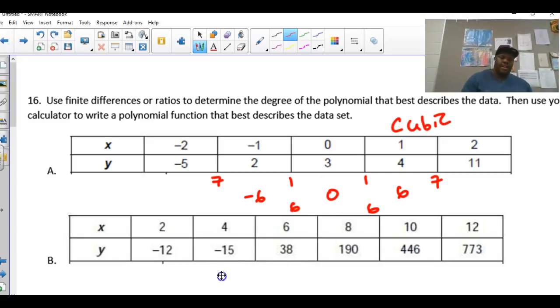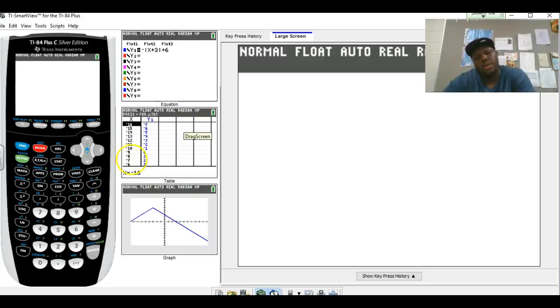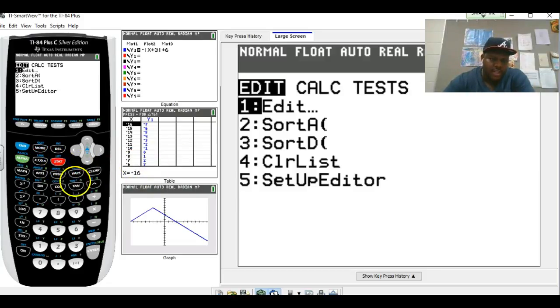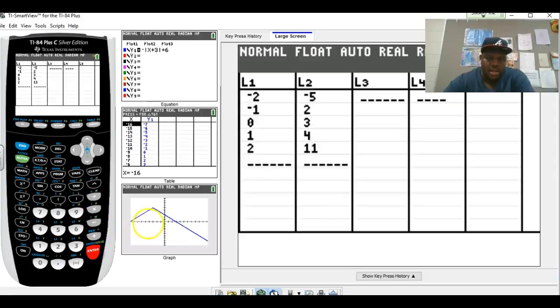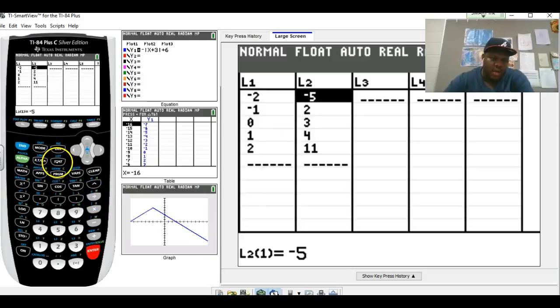Alright, if I wanted to find a function, I'll show you how to use your calculator. Here on the calculator, guys, you're going to press stat, and you're going to hit edit, then you enter your data like this. List 1 will be column X, list 2 will be column Y. Now we found the difference was cubic, okay?